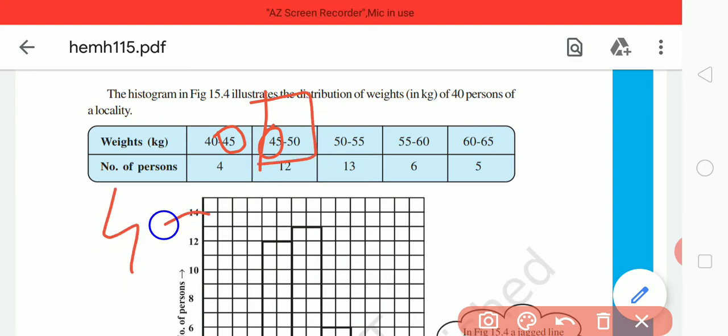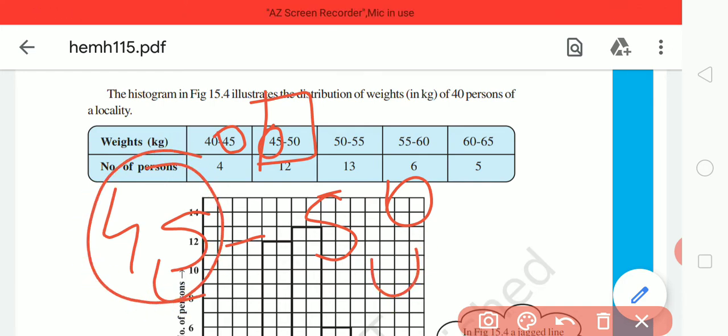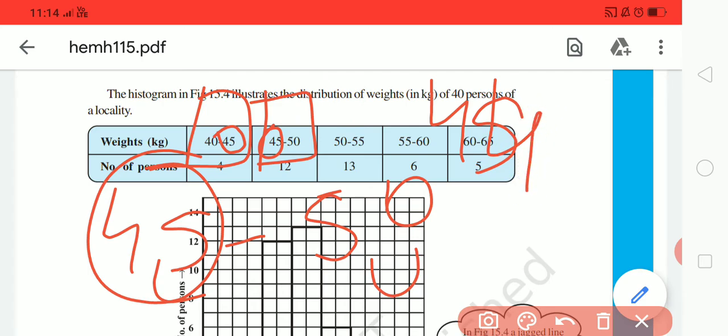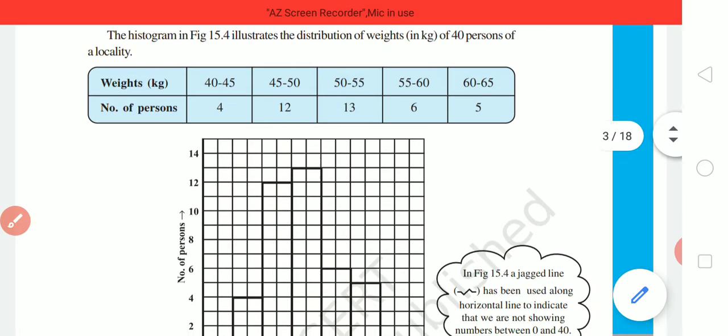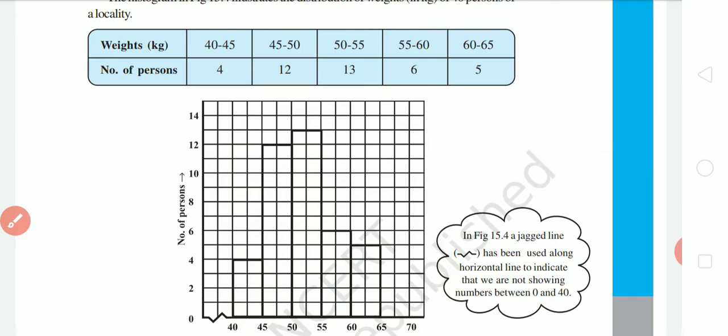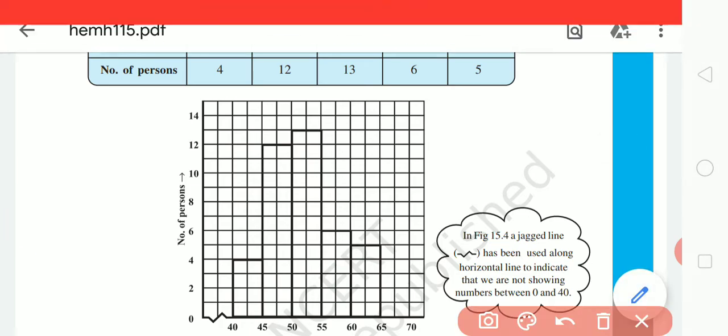If you have written here 45 to 50, this is the lower limit, this is the upper limit. So 45 will be counted with the lower limit, and in the first one, for the 45 you will count up to 44.9, right?